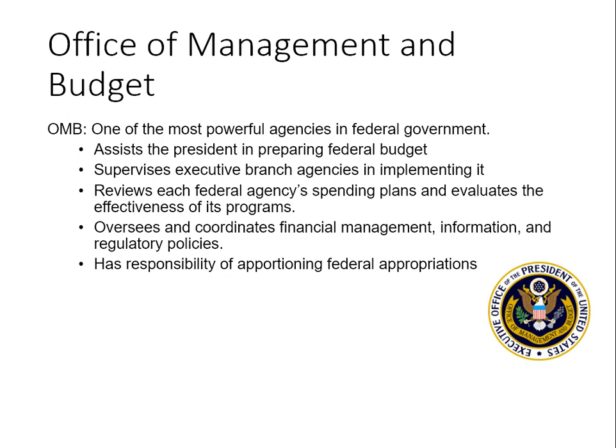It reviews each federal agency's spending plans and evaluates the effectiveness of its programs. It also oversees and coordinates financial management, information, and regulatory policies. It has responsibility for apportioning federal appropriations, which is part of the budgetary system.